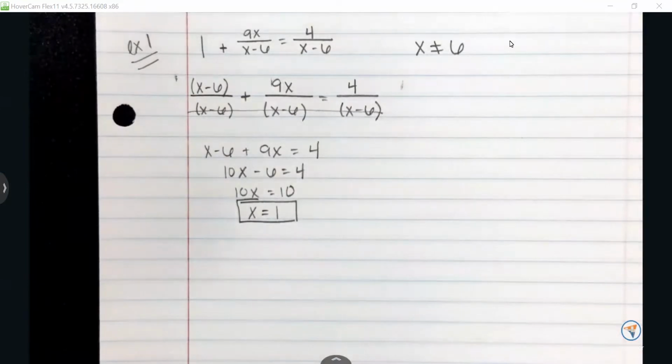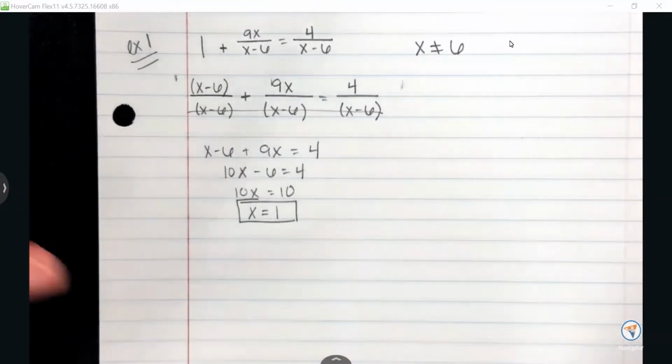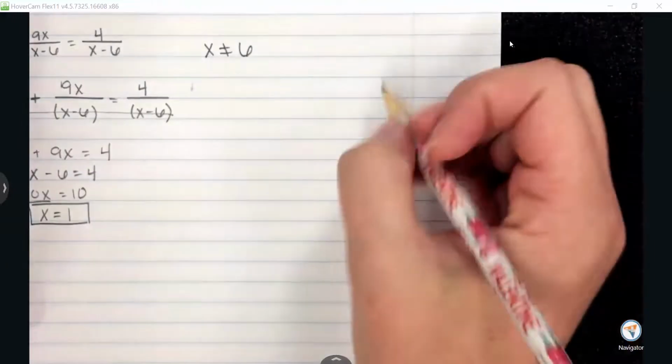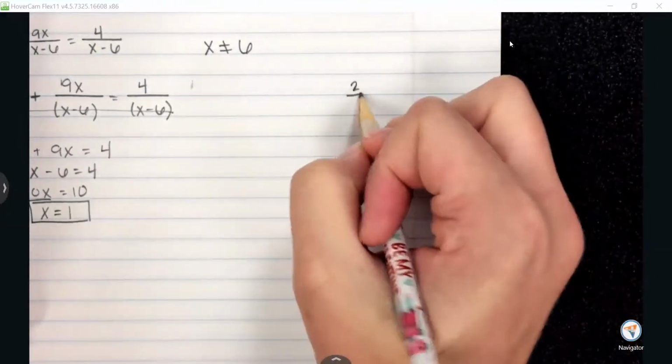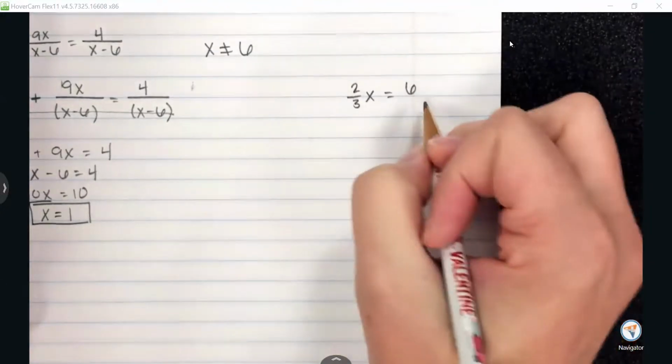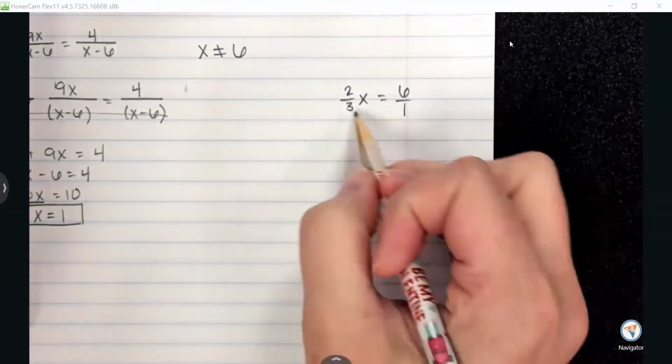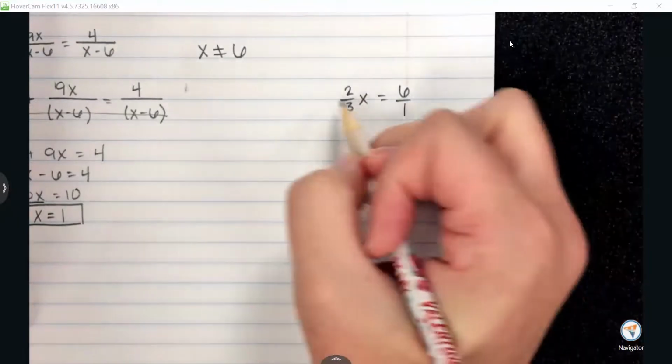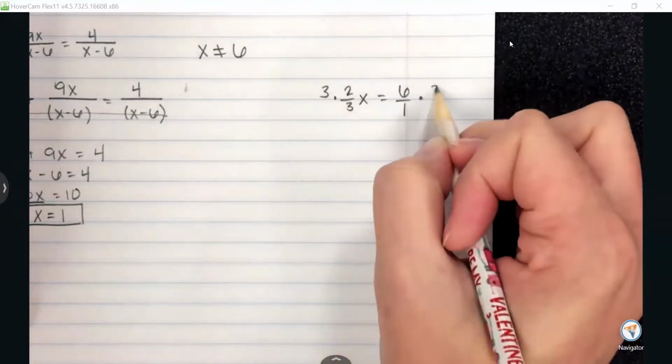Questions? Yes, ma'am. How come whenever you multiply to cancel out the denominator, the numerator is changed? Because if I have 2/3 x equals 6, this is really 6 over 1, right? How can I get rid of this 3 in the denominator? I multiply by 3 and multiply by 3.